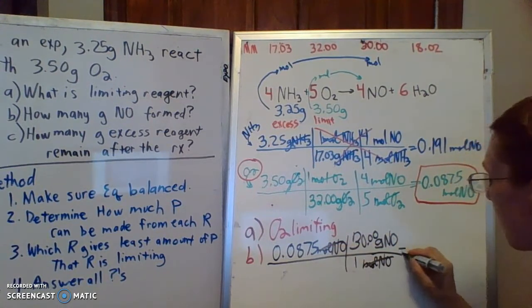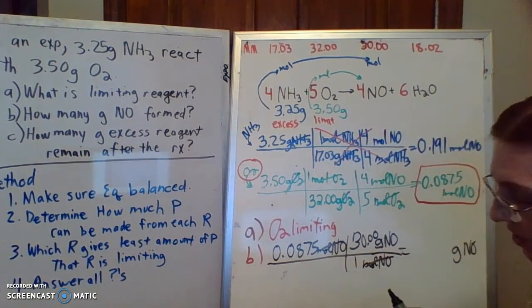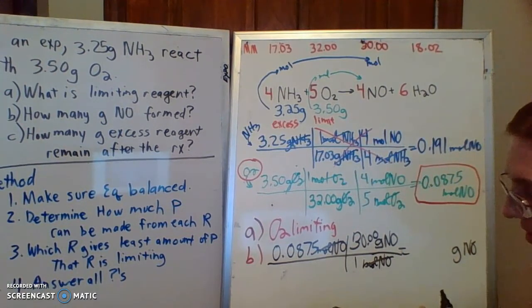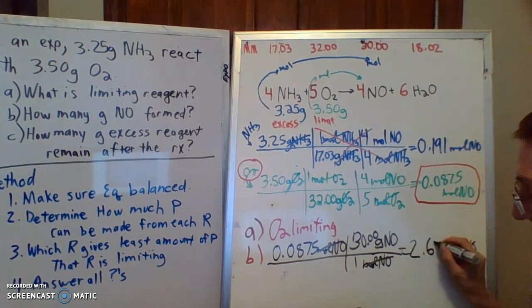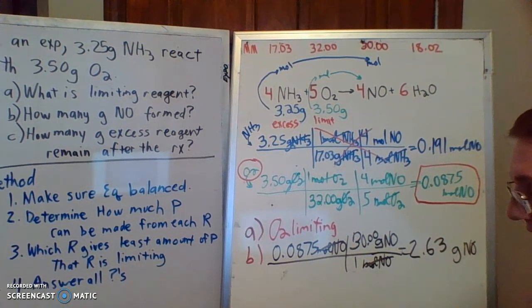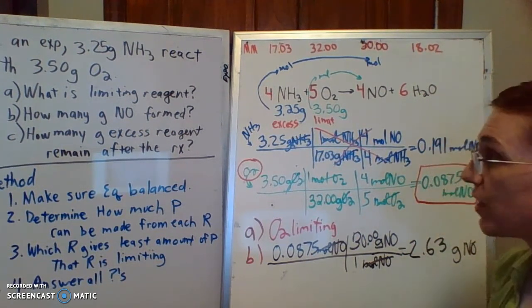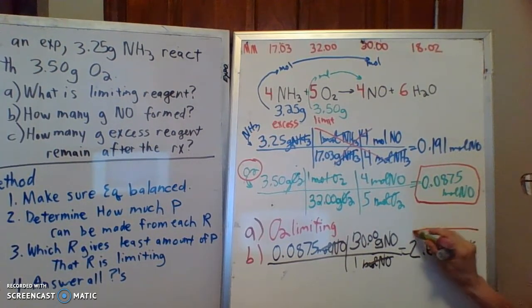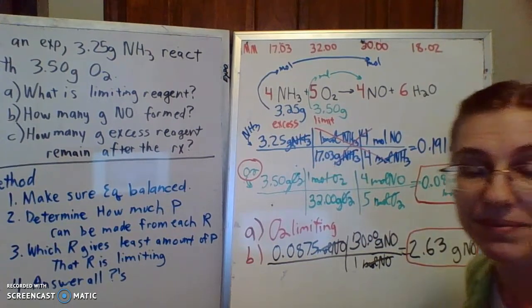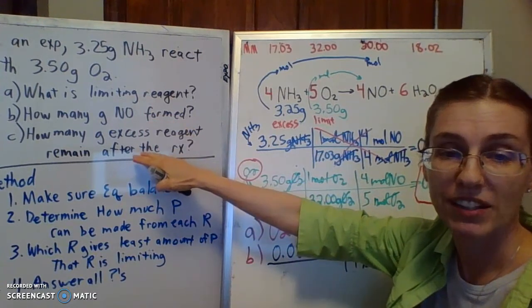These guys cancel out, and we're going to get grams of NO. Let's go ahead and do that calculation. We end up with 2.63 grams of NO. So now we found out how much product has been formed. We've done that second one. Now let's go ahead and talk about the third one.